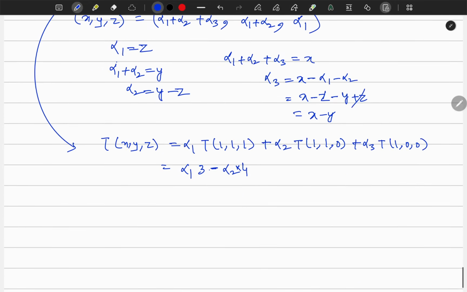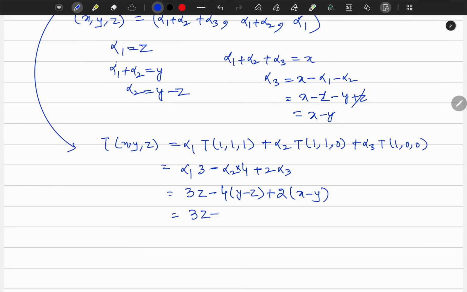Similarly it is 2, so plus 2 times alpha 3. Now what is your alpha 1? Alpha 1 is z. What is your alpha 2? Alpha 2 is y minus z. And what is your alpha 3? x minus y. So you will solve it.